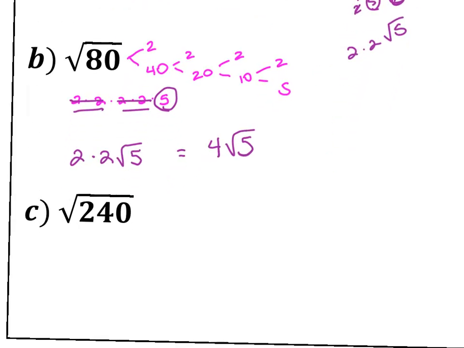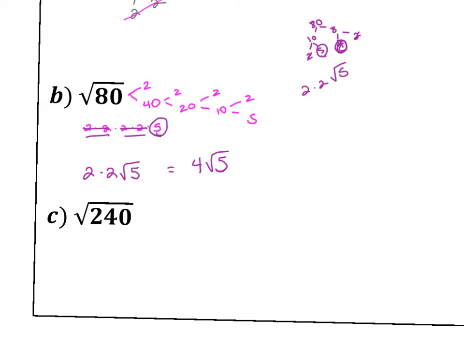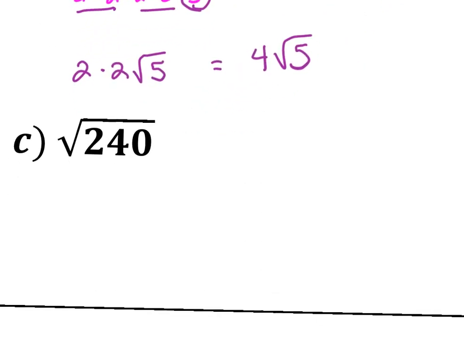All right, let's do 240. So Isabel said she did 10 and 8. So you can also do 10 and 8, but then you've got to keep breaking it down. So 240. How do we break that?